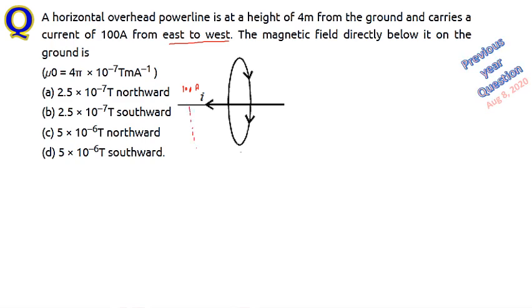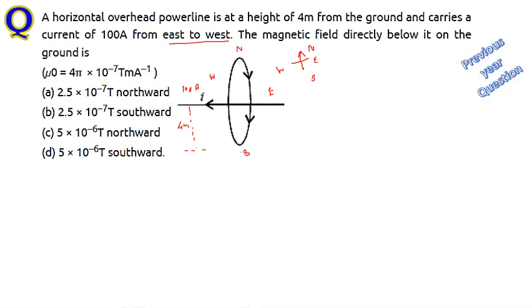The current is moving from east to west. Now according to this, this side here is north and this side is south, so this one is east and west. You just concentrate here.